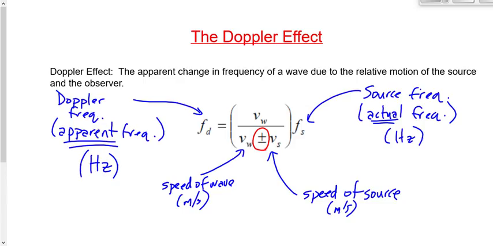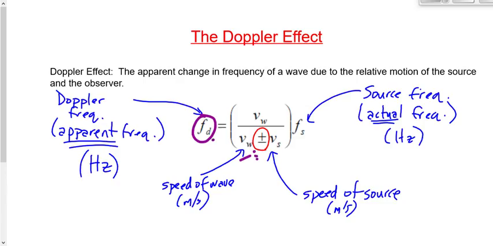Here's how I figure this one out, whether I use a plus or a minus when it's coming towards me or away from me. If it's coming towards me, you know from the videos that you saw, you know from experience in life, that the frequency appears to be what? Lower or higher? Higher. So if it's coming towards me, the frequency must be higher. If this Doppler frequency is higher, then this number on the bottom must be smaller. To get a big number here, you get a small number here.